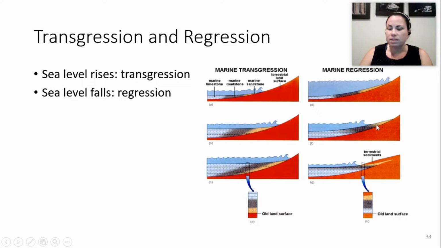So if we have sandstone, mudstone, and limestone, we can see how over time, as the sea level falls and regresses, these sediments are pulled backwards, perpendicular to the slope. So there are these little clues that we can use, by looking at sediments and rocks, to tell us about relative sea level trends, whether it's rising or falling.